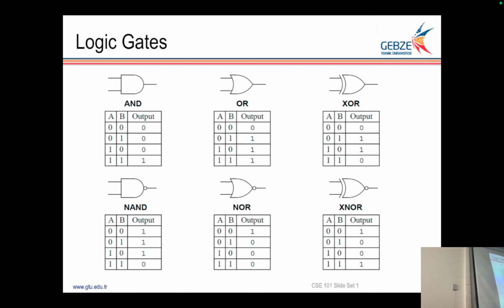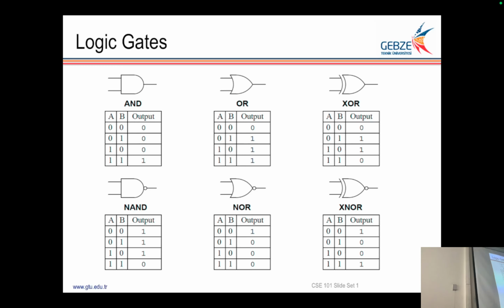NAND and NOR gates are easier to make than AND and OR gates. Actually, in order to make an AND gate, what people do is make a NAND gate and put an inverter in front.